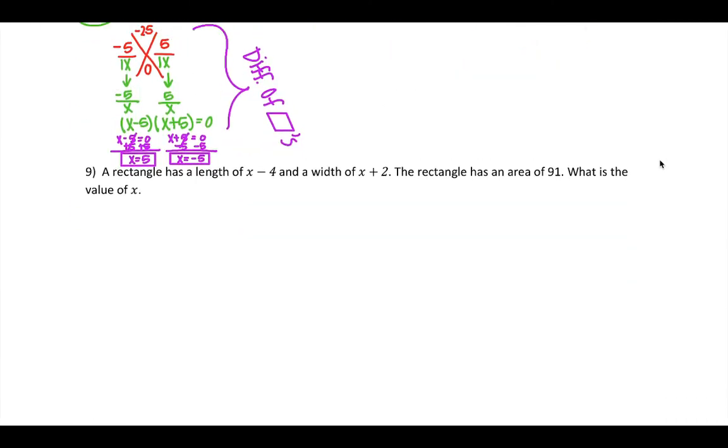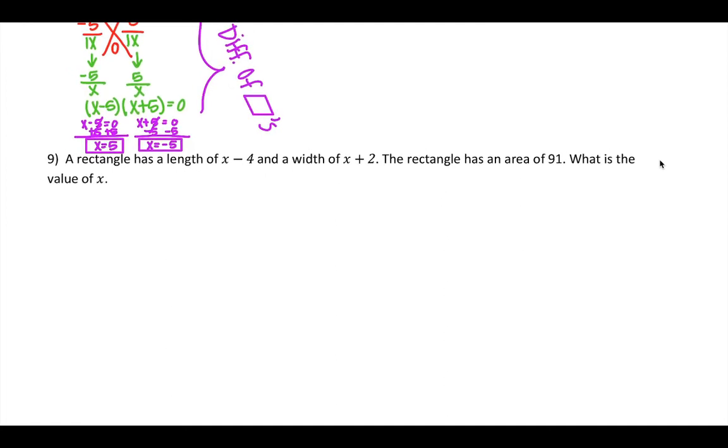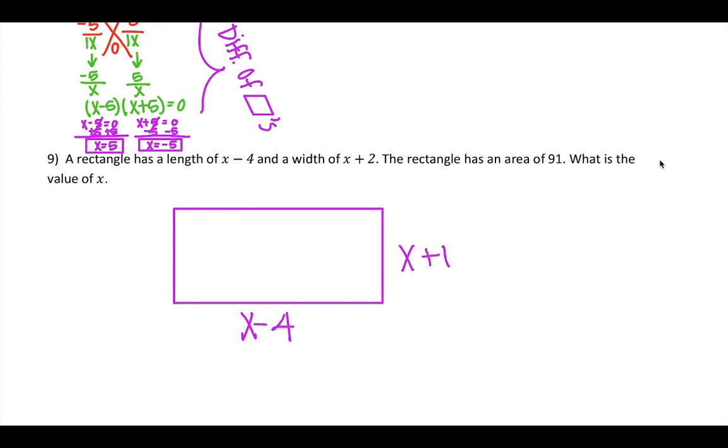Again, number 9 is a word problem. Rectangle has a length of x minus 4 and a width of x plus 2. Area, which is length times width, is 91.